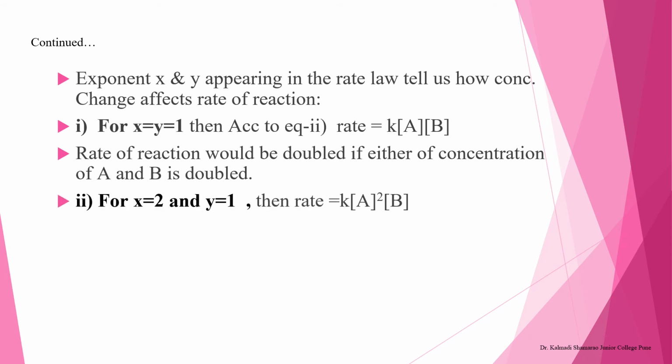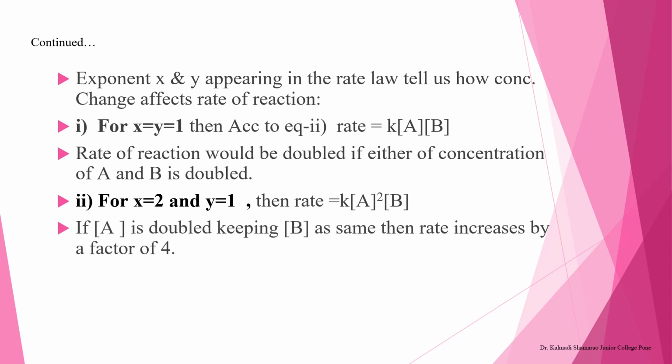Second, for x equals 2 and y equals 1, rate equals K into square of the molar concentration of A into molar concentration of B. If A is doubled keeping B the same, then rate increases by a factor of 4.